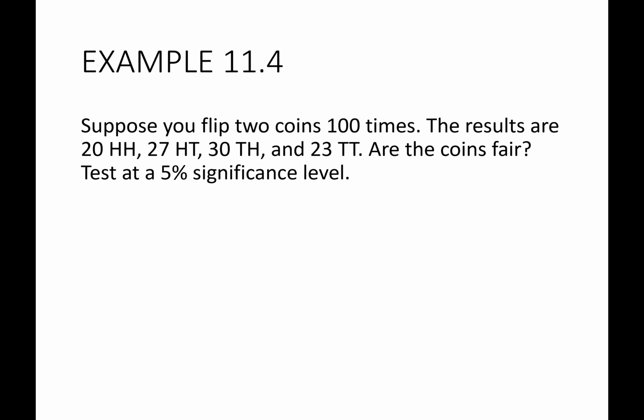So in this experiment, we're flipping two coins, and we flip them 100 times. What we see is that we get 20 heads-heads. 27 of the flips are where the first coin's a head and the second coin's a tail. 30, the first coin is a tail and the second coin is a head.